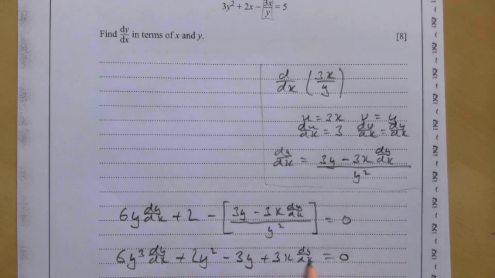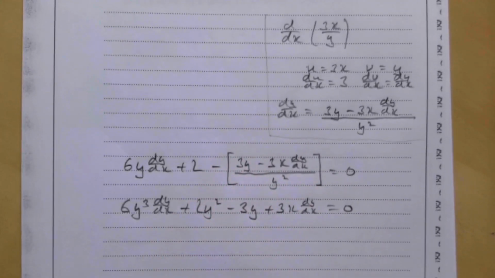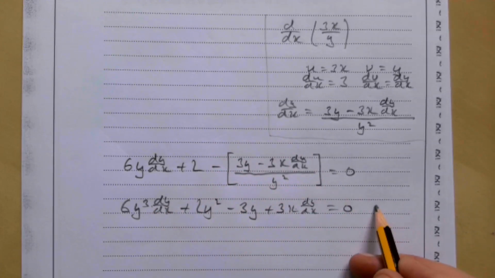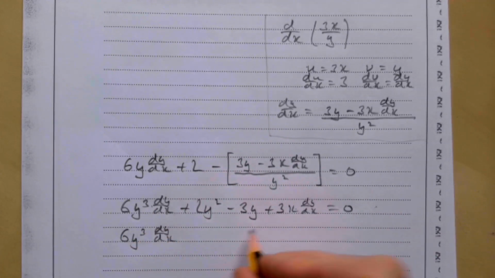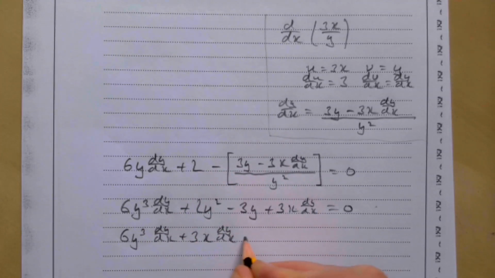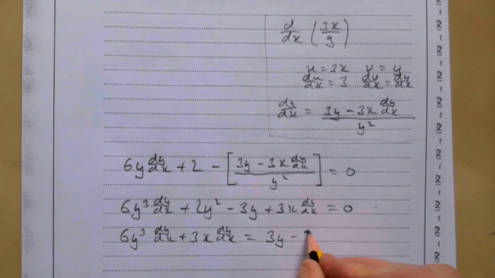So we just need to rearrange now and get dy by dx on its own. So I'm going to get these two terms stay on this side, take these two terms over to this side. So 6y cubed dy by dx plus 3x dy by dx equals 3y minus 2y squared.